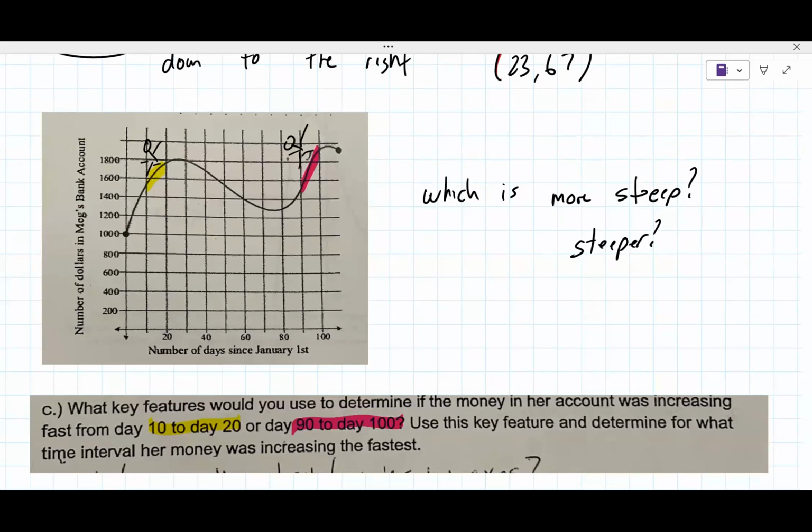I would say day 10 to day 20. We're looking at the same graph, right? You can see the yellow, you can see the red. So let's say you could walk up this ramp or you had to walk up this ramp. Which is going to be easier? Which is harder, I guess. I think day 90 to day 100, the pink.